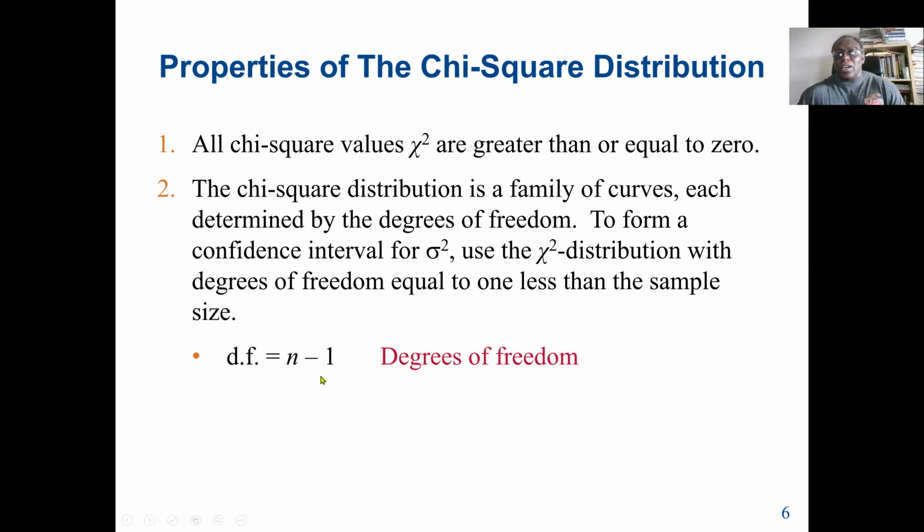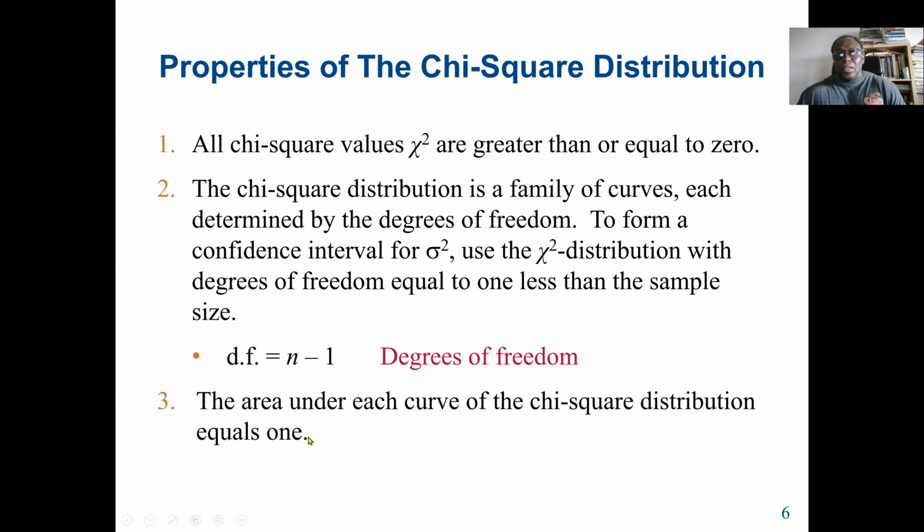Then the third property: the area under each curve of the chi-square distribution equals 1.